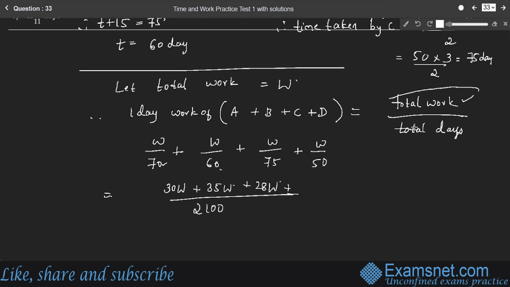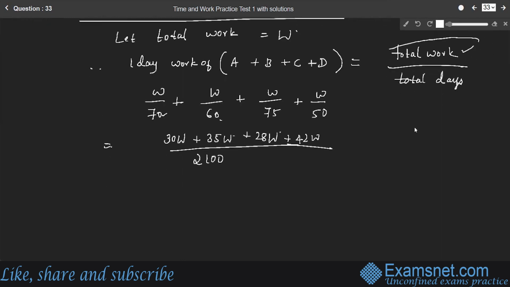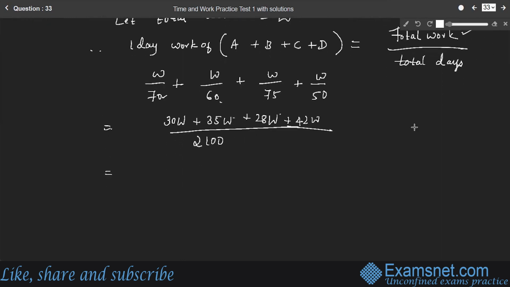And 50 into 42 is 2100, so the numerator is 42W. Together we get 135W by 2100.